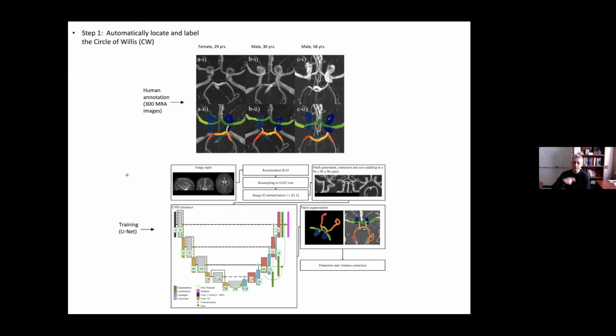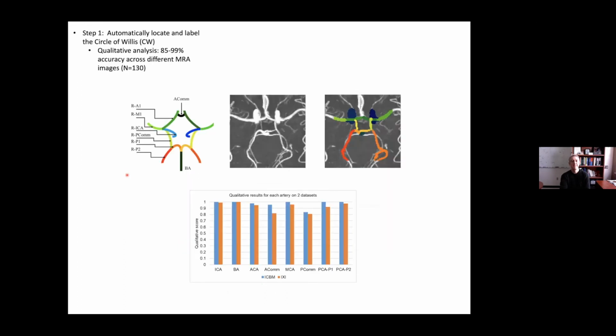And we tried to learn these connective rules such that you could take a TOF MRA image, put it into the neural net, and it could just automatically segment the cerebral vasculature. And that's exactly what it does. Here's an example of the coding that we use right now. The software will spit out 18 different intracranial arteries per image. Here's what the raw image looks like, and here's what it looks like after it's been segmented.